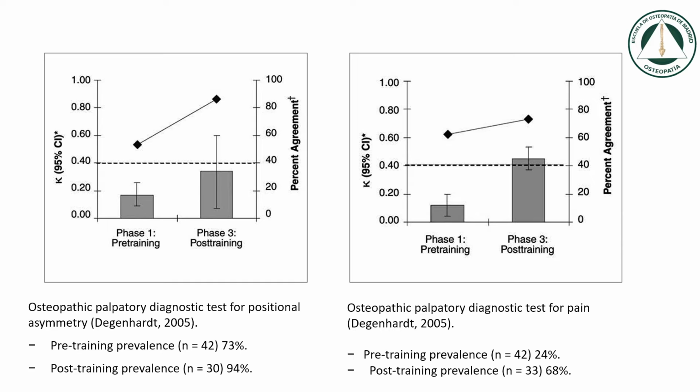The authors concluded that consensus training improved the inter-observer reliability of common osteopathic palpatory tests of the lumbar spine. In 2 of the 4 tests which were studied, tissue texture and sensitivity, acceptable kappa values were achieved for clinical tests after consensus training.